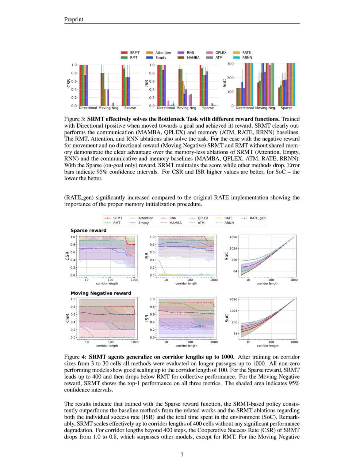SRMT excelled under different reward functions, notably achieving high cooperative success rates, CSR, and individual success rates, ISR, even in challenging scenarios like the moving negative and sparse reward settings.